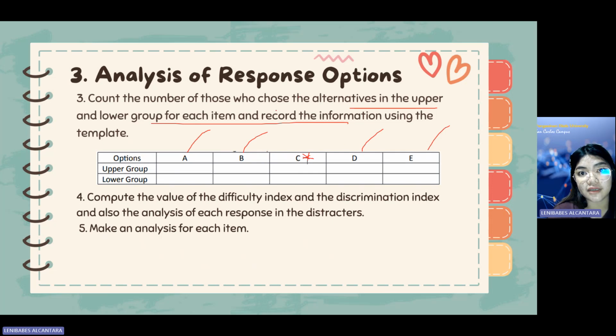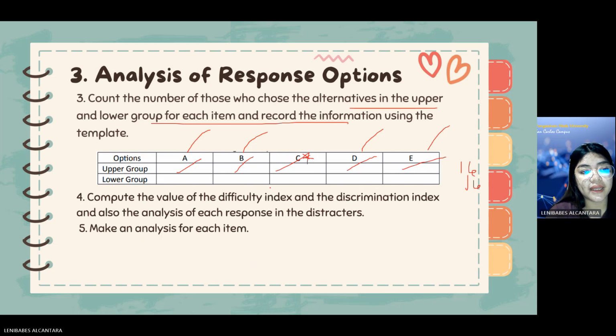Pwede silang maging distractors din. Halimbawa, ilan yung nagsagot sa letter A from the upper group? So, 16 lang dapat. Dapat pag plinas natin yung mga estudyanteng nakakuha or nagsagot ng mga letters na yan, 16 ang kanyang total. Kung 60 yung estudyante natin.